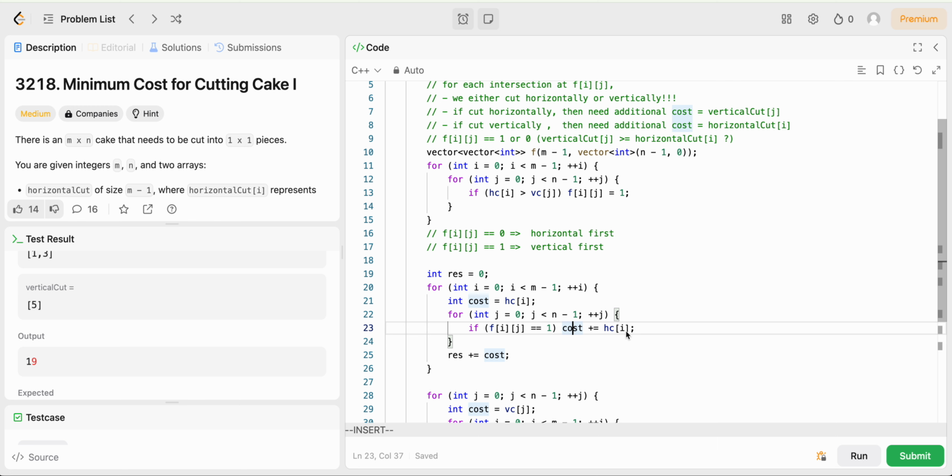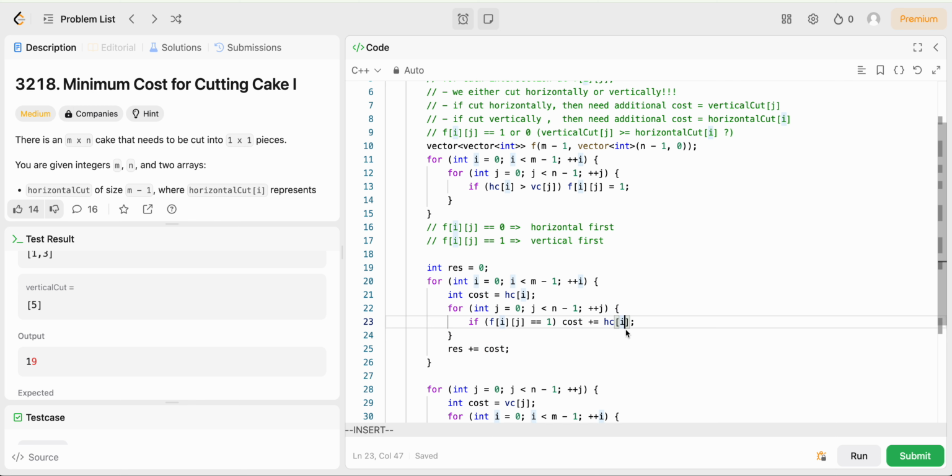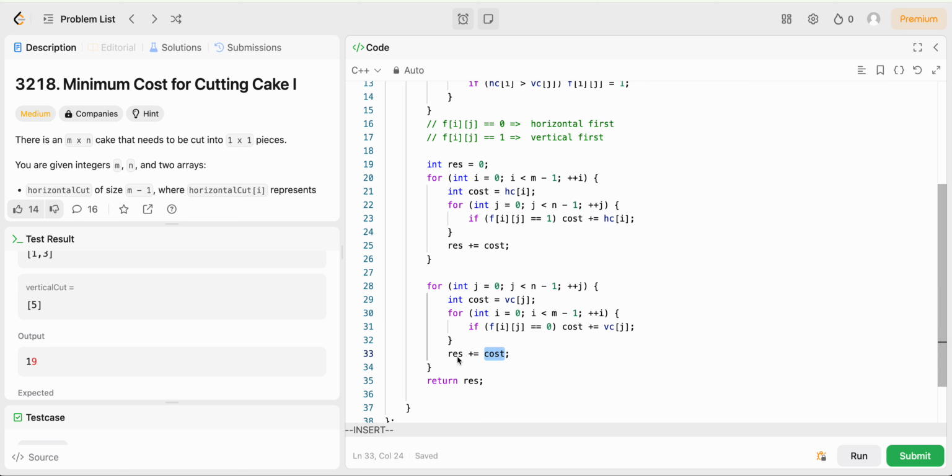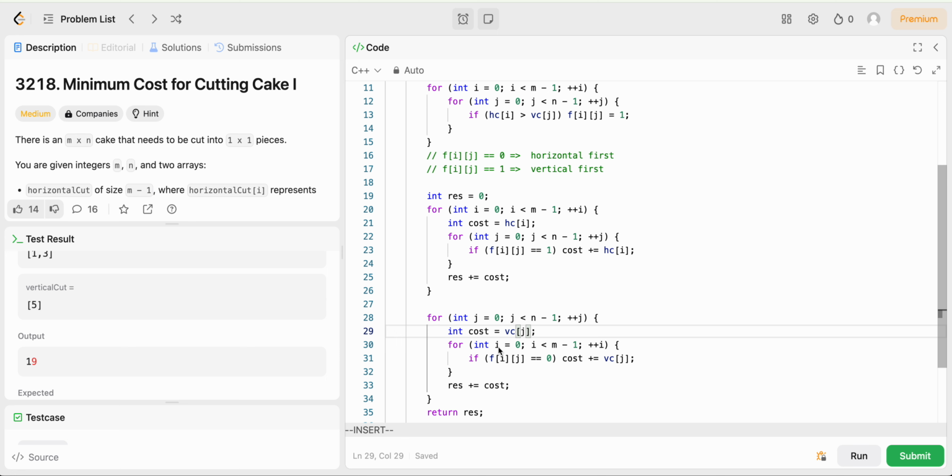So the cost is HCI, which is added to RES. And this cost is also added to RES. This is initially VC for all the I positions. If Fij equals 0, cost plus equals VCJ.